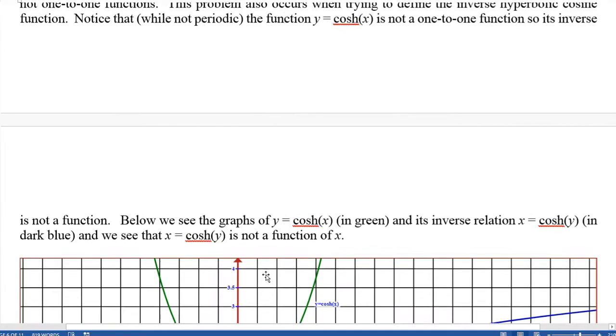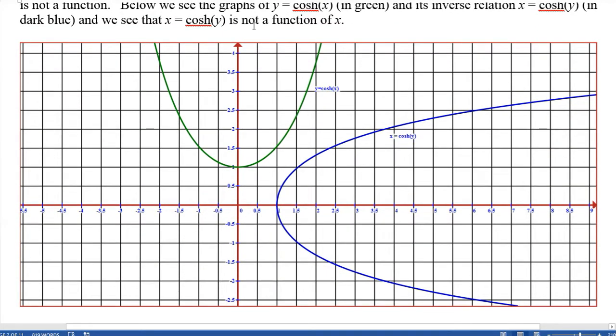And we have the same issue here when we look at cosh of x. If you graph y equals cosh of x, which is this green graph, and you graph x equals cosh of y, which is its true inverse, you get over here a perfectly fine relation, but this inverse one down here is not a function. So for them both to be functions, they both need to be one-to-one.